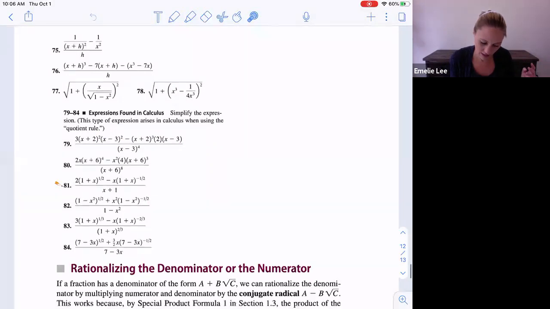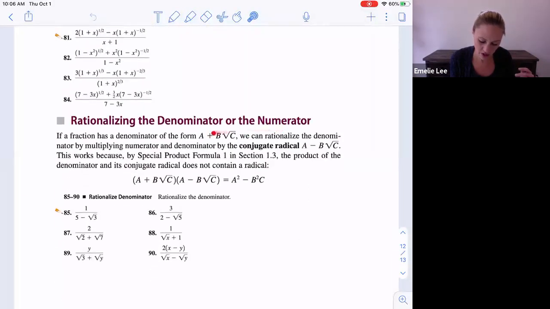But let's just talk about rationalizing the denominator or the numerator. Usually we're rationalizing the denominator, and it is more something that you would use in calculus if you end up taking calculus. But it's just a good thing to keep in mind.